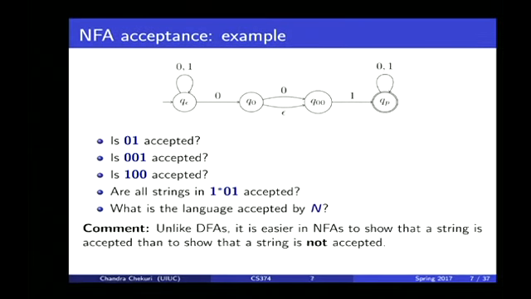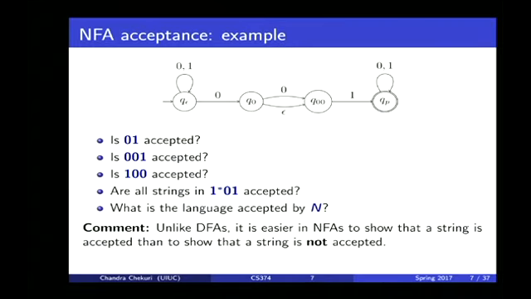Here is one thing that is a little tricky with NFAs. With a DFA, if I give you a string and ask what the machine does, you can go step by step, it goes somewhere, and you can tell it's accepting or not accepting. It's clear. With an NFA, suppose I ask, is this string accepted by the NFA?